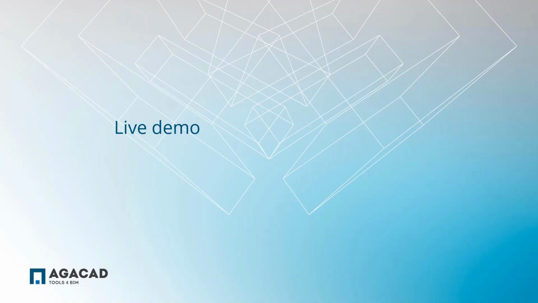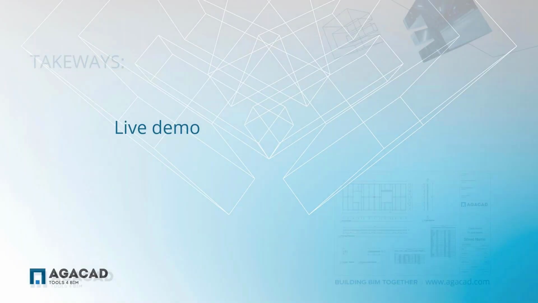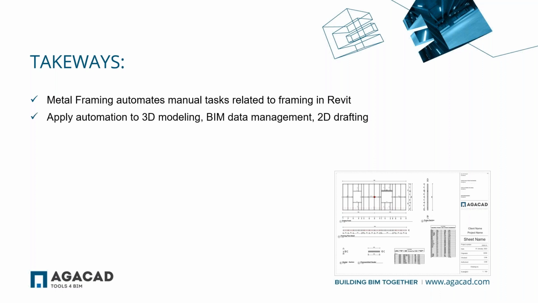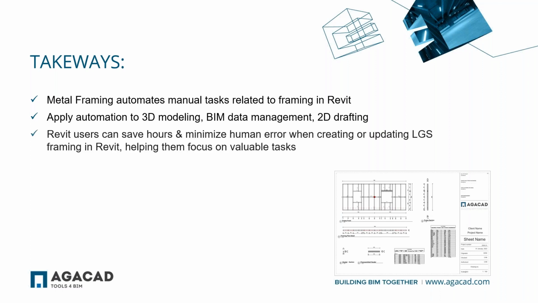So let's finish with the presentation, and this is what we learned today. With our method framing solution, you can automate manual tasks related to framing in Revit, and our solution applies automation to 3D modeling, BIM data management, and 2D drafting, which means that you can save tons of hours and you can minimize human error when creating, or let's say modifying, framing.